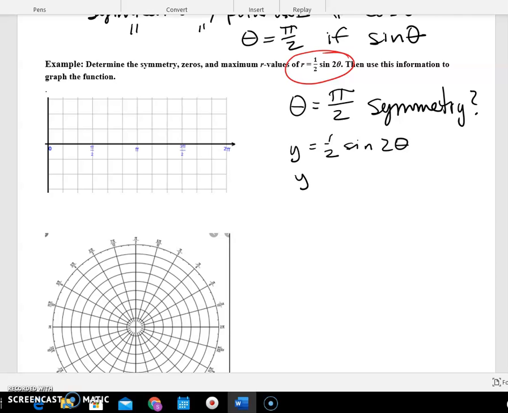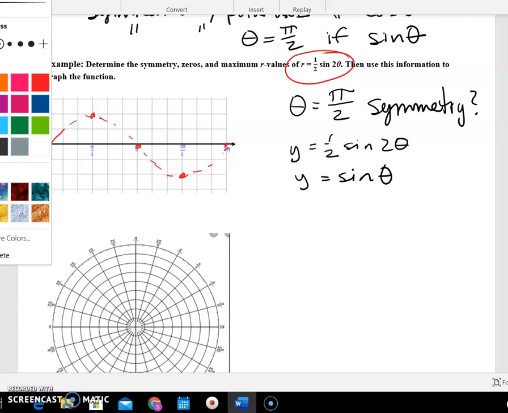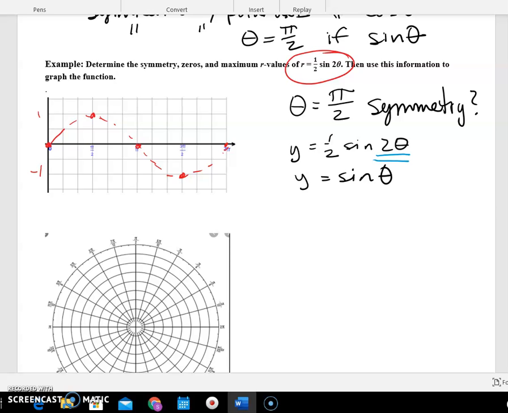If we graph our parent function, y equals sine theta, if you remember what that looks like, it's going to have a 0 at 0, 0 at pi, and 0 at 2 pi, and then I'm going to let this be a 1 and a negative 1. We'll have a max here and a min here, and that would be our function. For this particular problem, our period is going to be divided by 2 because there's a change in the period, and our max, our amplitude, is only going to go to 1/2.